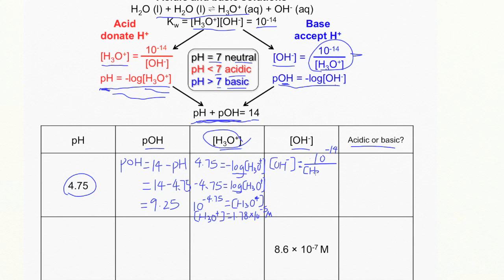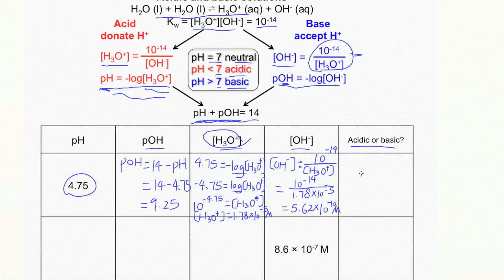So that equals 10 to the negative 14 over 1.78 times 10 to the negative 5. That equals 5.62 times 10 to the negative 10 mole per liter. All right, this is how we find out the hydroxide concentration.